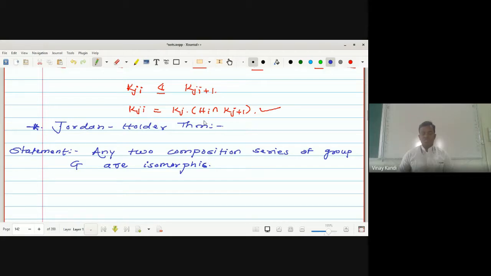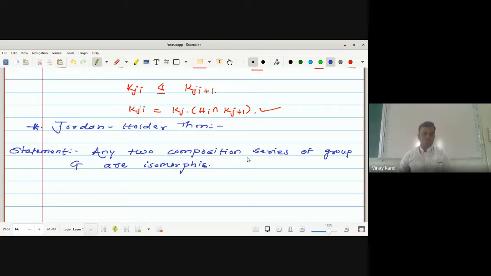Sorry, each Hi is normal in Hi plus 1, that is H1 is normal in H2 is normal in H3, and so on up to Hn, which is equal to G. But in the composition series, each Hi is maximal normal in Hi plus 1, not only normal, and the factor group Hi plus 1 upon Hi is simple. So this is the difference between subnormal series and composition series.